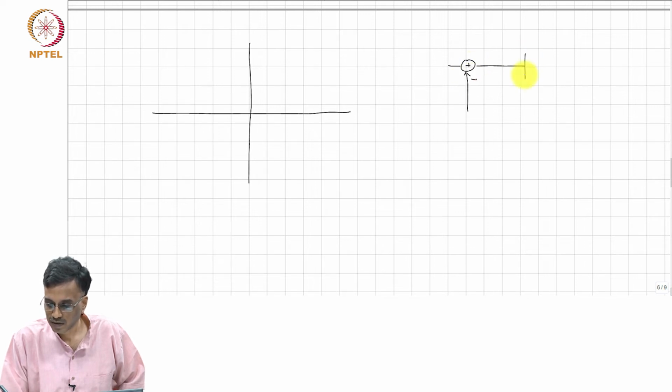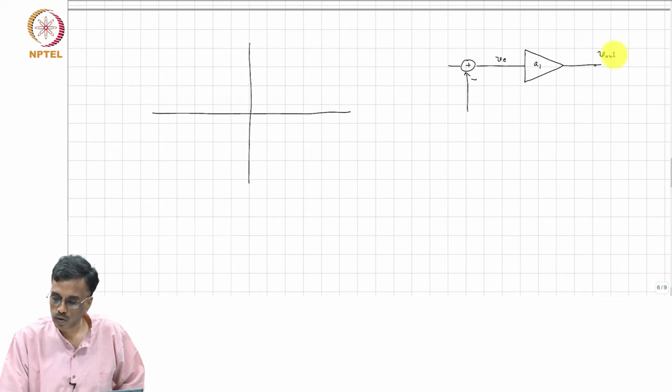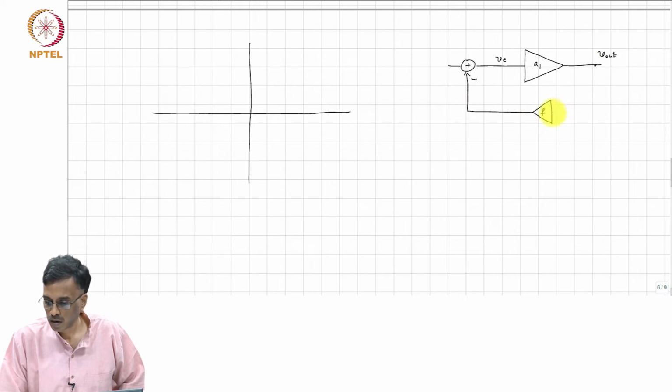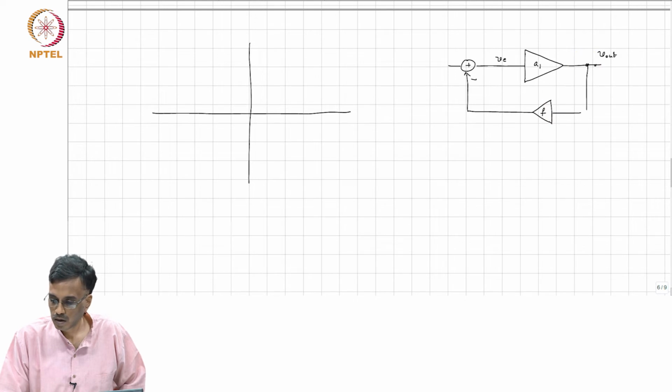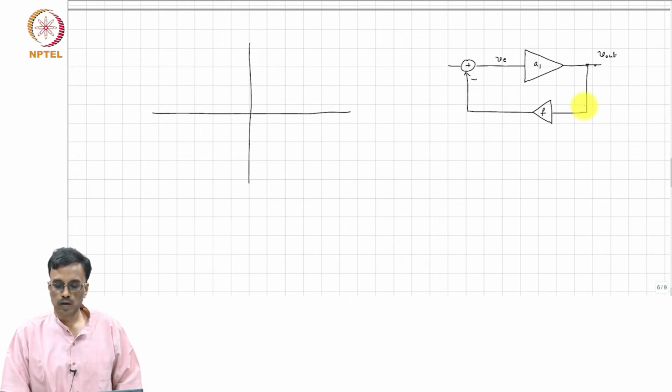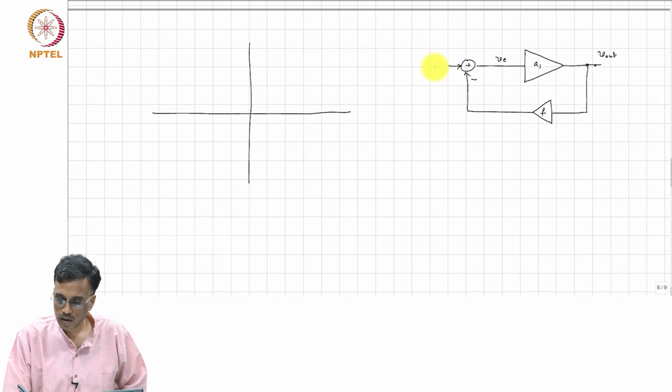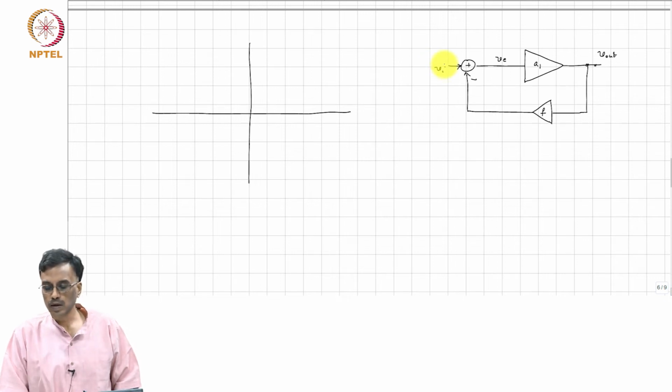a negative feedback system. This is linear. So, this is VE, this is V out. Right.